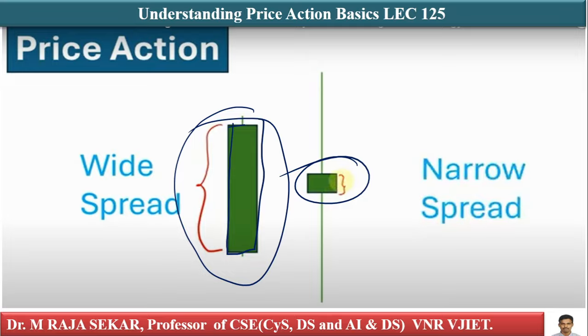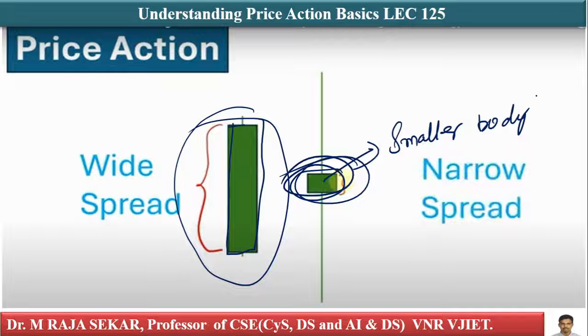It represents strong price movement. A narrow spread candle has a smaller body, indicating limited price movement.